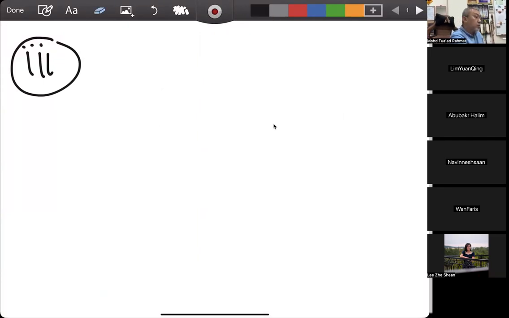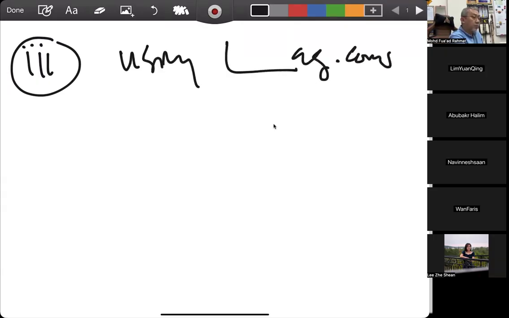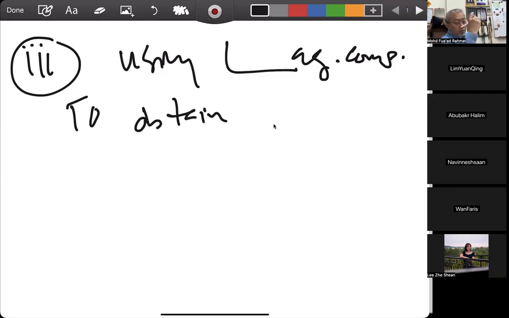Using lag compensator, we know that is the limitation of the gain adjustment. We cannot achieve the KP. Because we must obtain KP equal or greater than 10. But the one that we get is KP equal to 3.05. Okay. So not good enough. That's why we leave gain adjustment. We go to part 3.